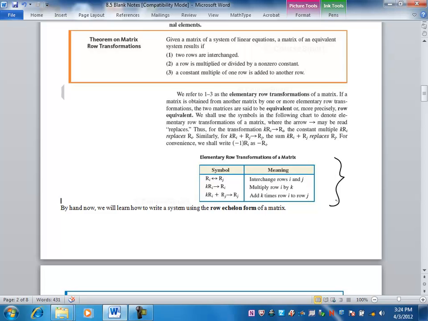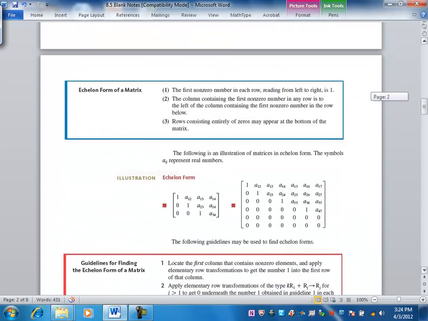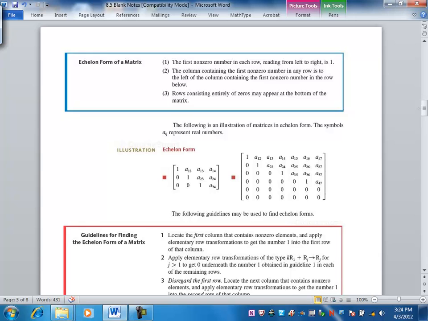We're going to talk about how to write a system using the row echelon form of a matrix. What this means is the first non-zero number in each row, reading from left to right, needs to be a 1. The column containing the first non-zero number in any row is to the left of the column containing the first non-zero number in the row below.